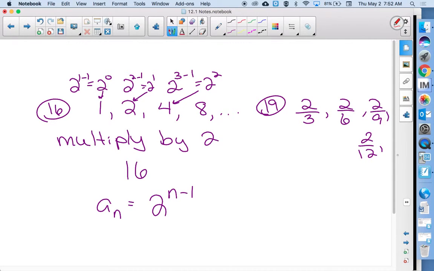So the first one, describe the pattern. Julian? So you're adding 3 to the denominator. So he said the denominator is adding 3. What else could you say for the pattern besides adding 3 to the denominator? How else could you word that?